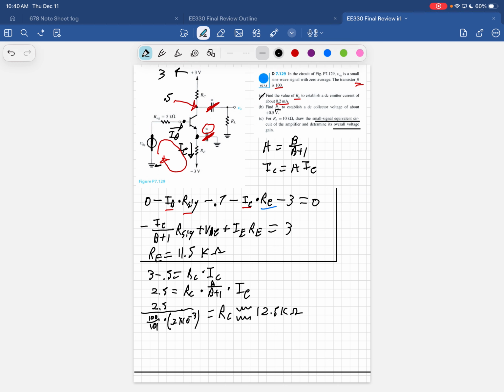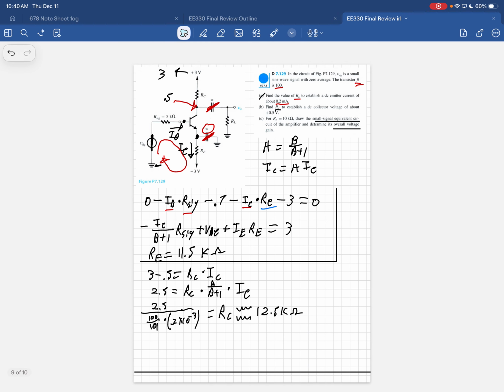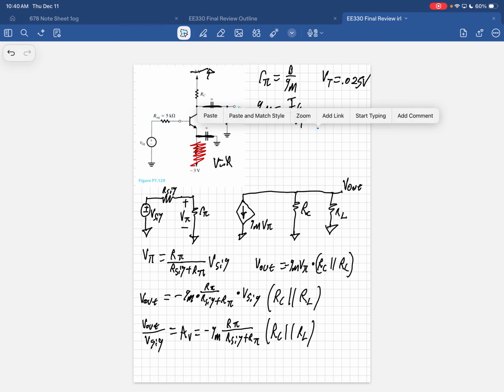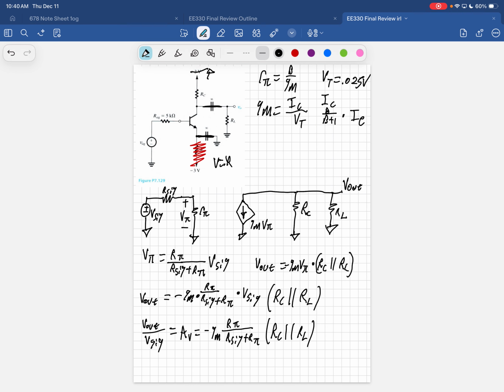Well, we know IC is beta divided by beta plus 1 times IE, which we know to be 0.2 milliamps. Yep, exactly. I'm just going to copy that over here. So GM equals beta divided by beta plus 1 times IE divided by 0.025.